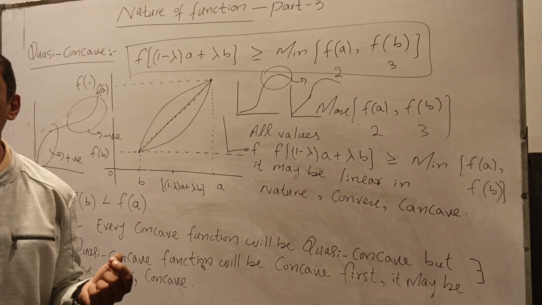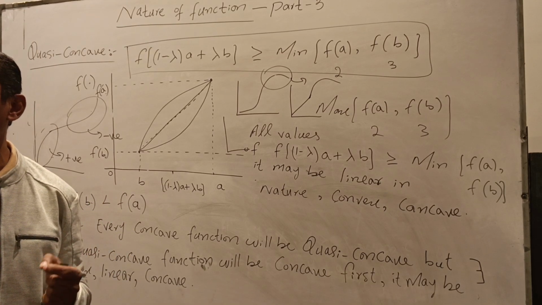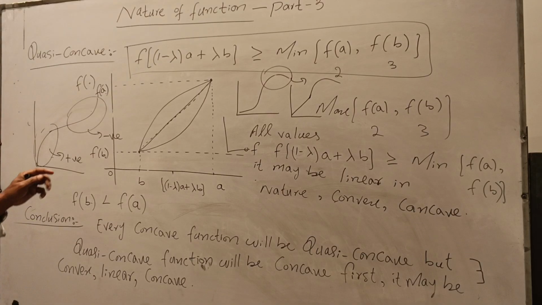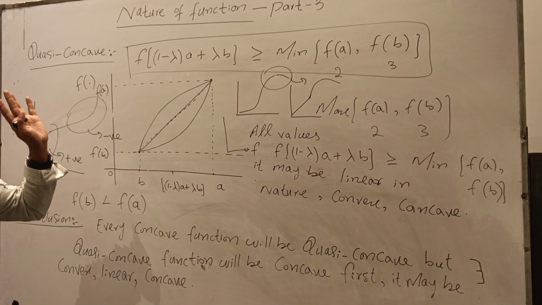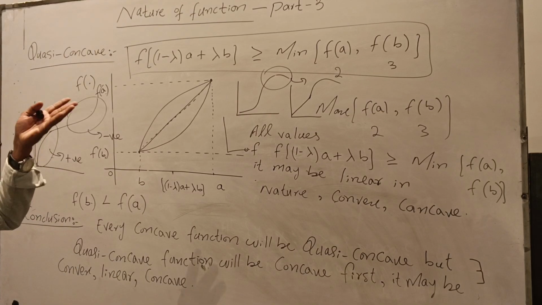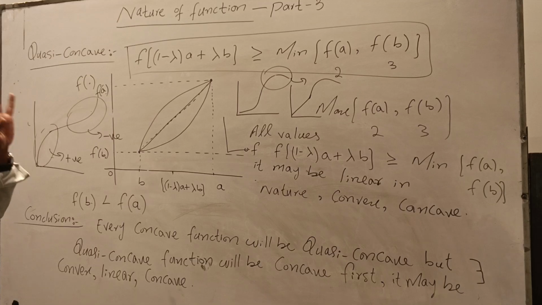So second derivative will be positive in that condition when the nature of function is increasing with increasing rate, otherwise not, and vice versa in case of the revenue function. Clear?